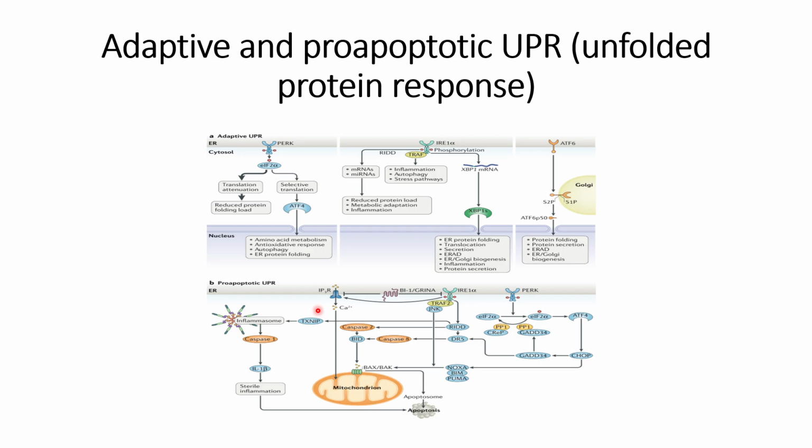And in this case one more pathway gets triggered, that is IP3R, that will lead to an increase in the amount of calcium in the cytosol.